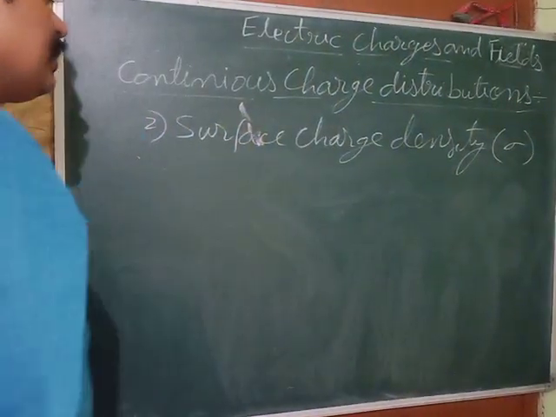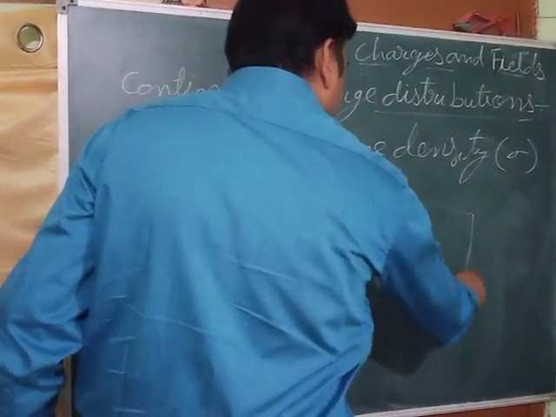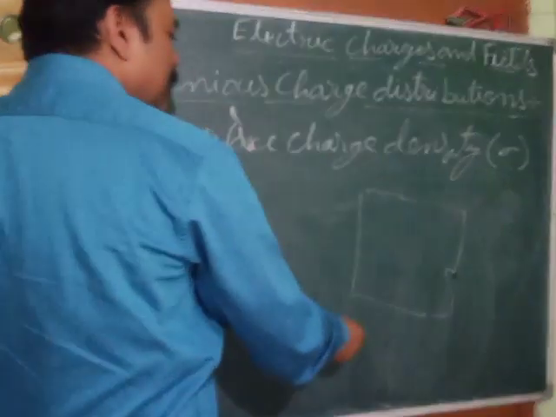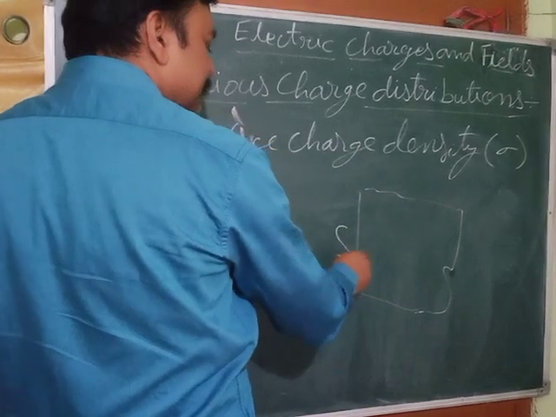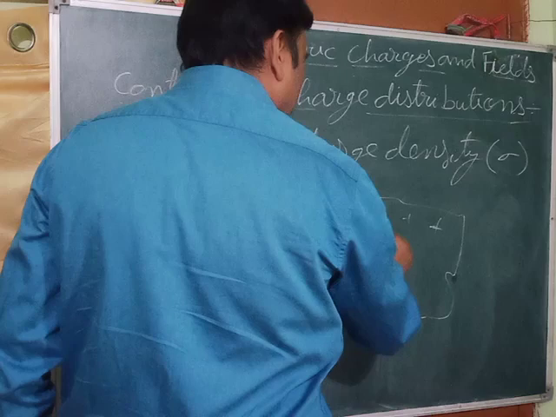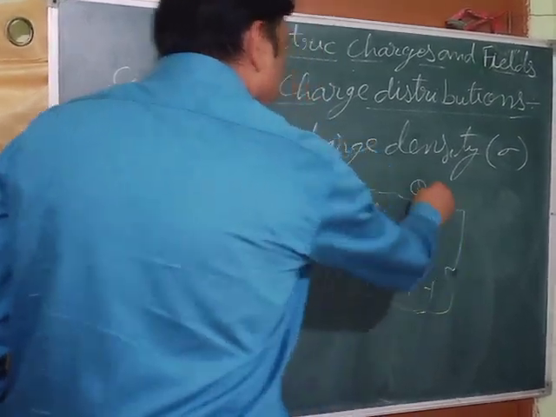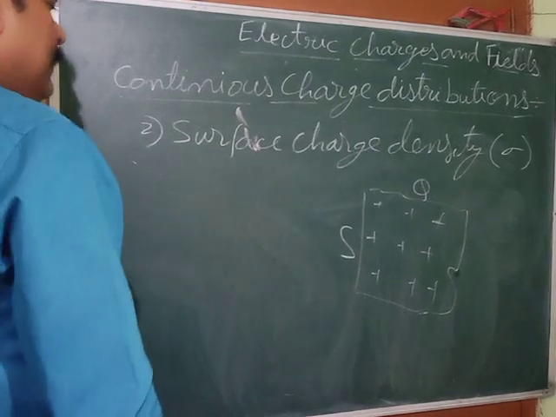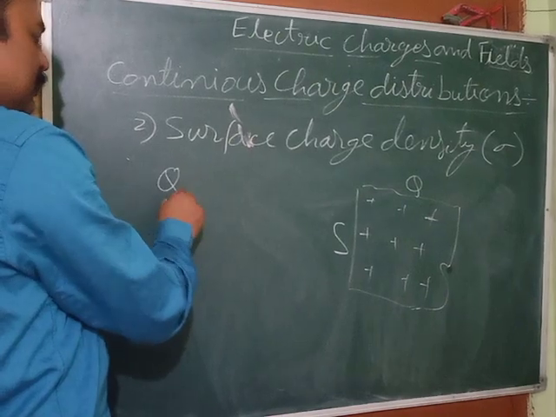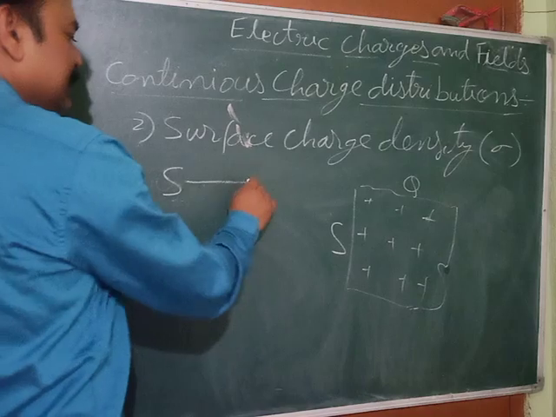Suppose this is a two-dimensional body having surface area S and total charge on it is Q. So the total surface area S carries how much charge?